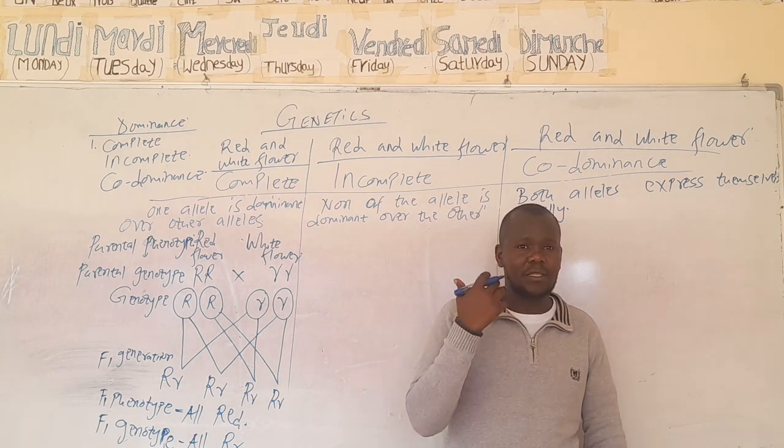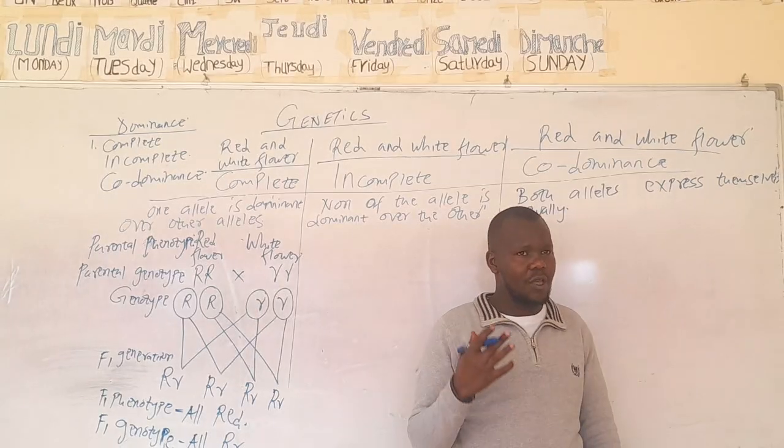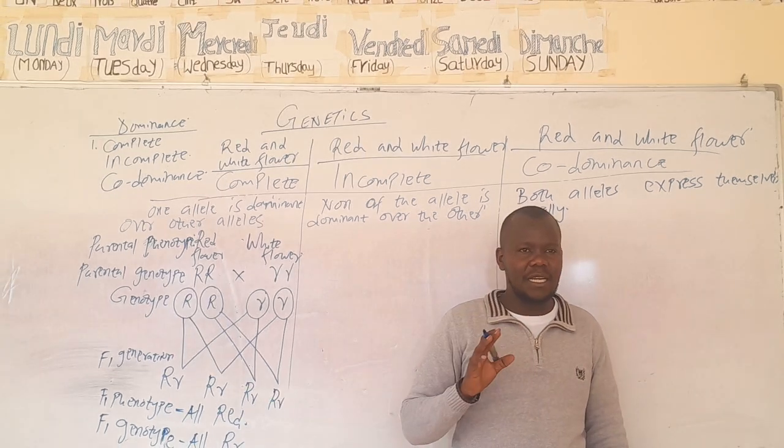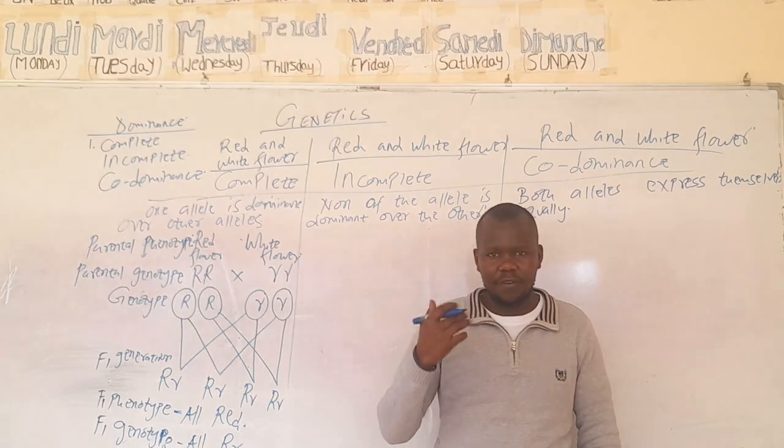Using a pea plant, all the flowers turn out red, indicating that red is dominant over white.